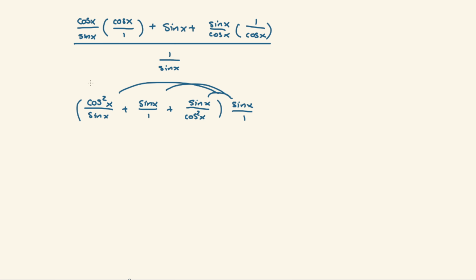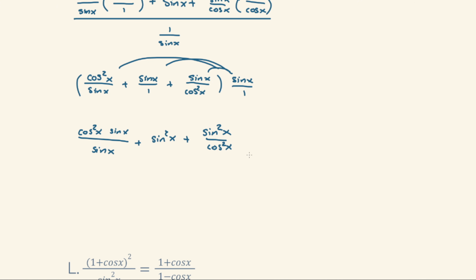So here on the first term, we're going to have cos squared x times sine x divided by sine x times 1, which is just sine x, plus here we're going to get sine squared x over 1. I'm just going to write that as sine squared x. Plus, and here we have sine squared x over cos squared x.